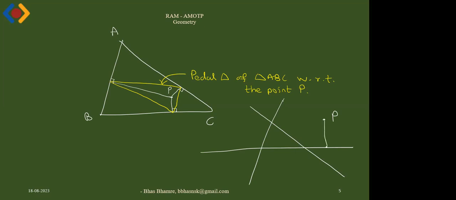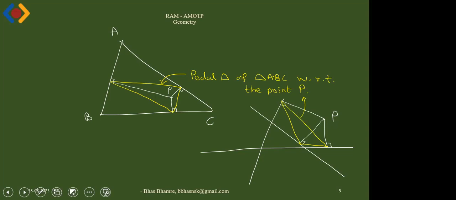Then we can drop perpendiculars to the extended sides also. Then the triangle formed by the perpendicular feet is termed as the pedal triangle again, the pedal triangle of triangle ABC with respect to the point P. Okay, so that is a pedal triangle.